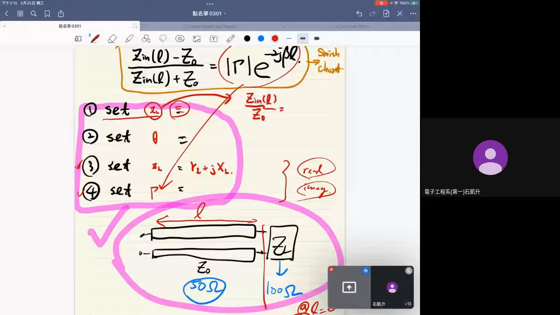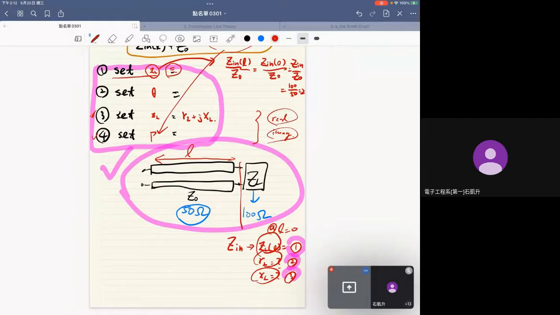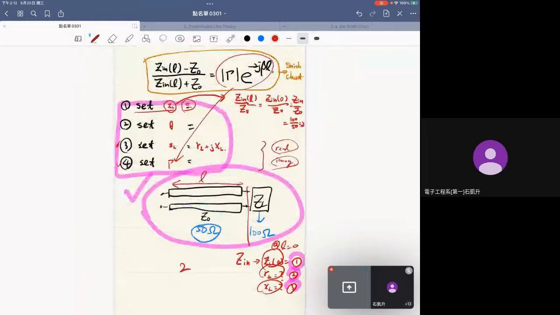And the Z in at L, because it is at the length equals to 0, is Z in over Z0, which equals 100 over 50. So the answer is 2. The first question is 2, and for the second and third questions, you separate the real part and imaginary part. So the second one is 2 as well, and the third one is 0. So it is 2, 2, 0.